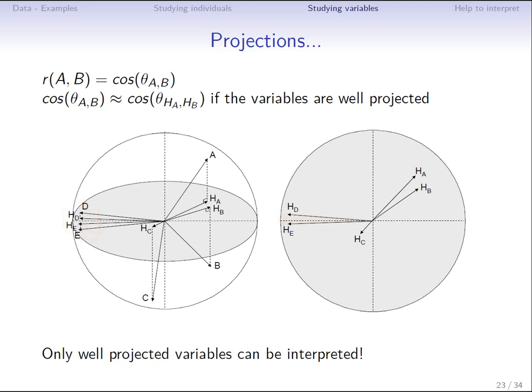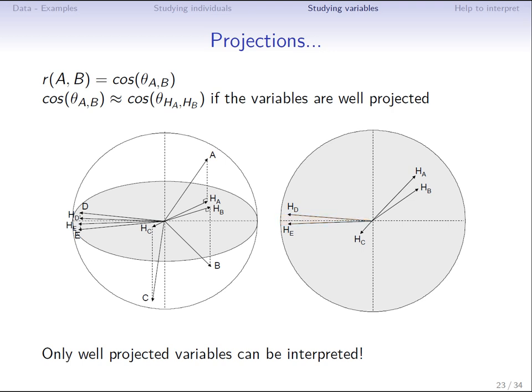And therefore, the angle in the projection map can be used to visualize the correlation between d and e. More exactly, the cosine of the angle h_d h_e is very close to the cosine of the angle between e and d because the variables are well projected. So the cosine of the angle between h_d and h_e is very close to the coefficient of the correlation between d and e.